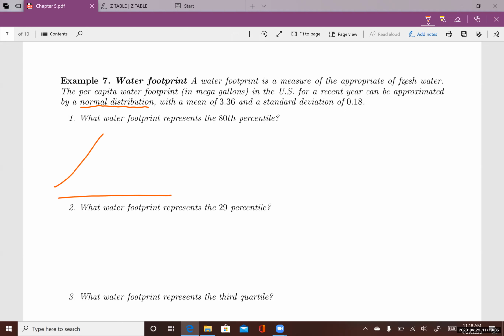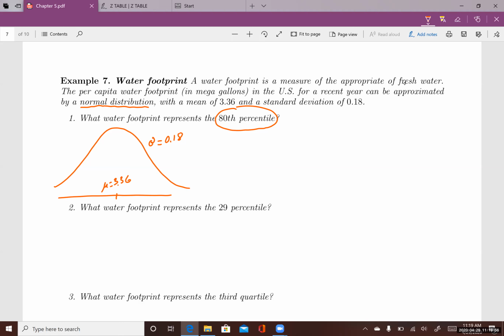If we now have a normal distribution, I can draw a bell-shaped curve with a mean of 3.37 and a standard deviation of 0.18.